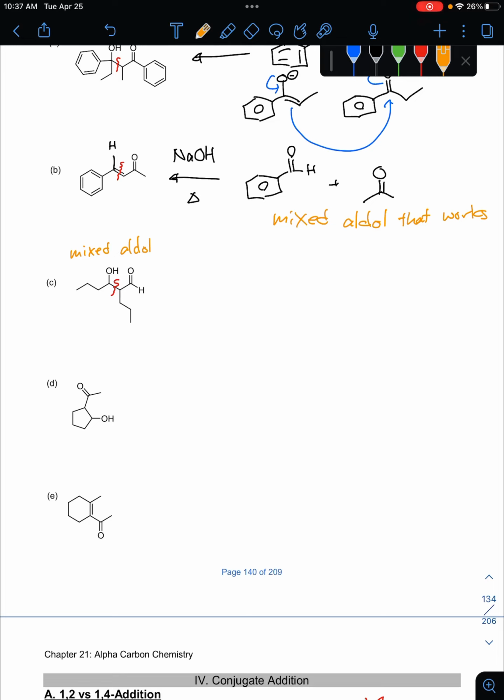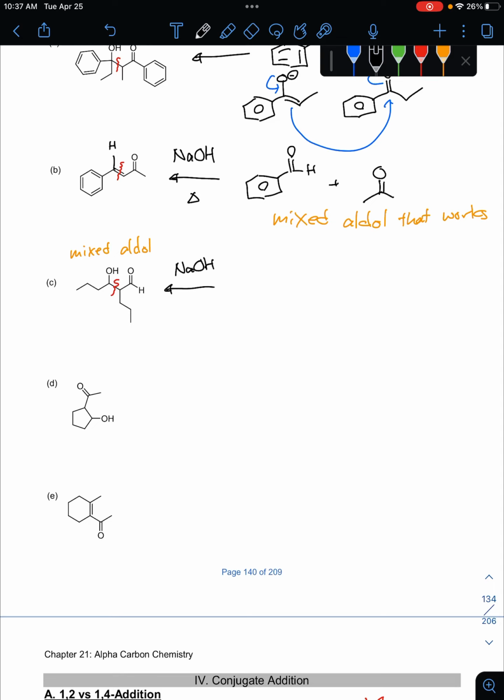And both of these aldehydes could become an enolate, right? Both of those aldehydes would have an enolizable proton here and there, so that would present an issue. As we talked about in class, you could get a mixture, which is not a good thing.